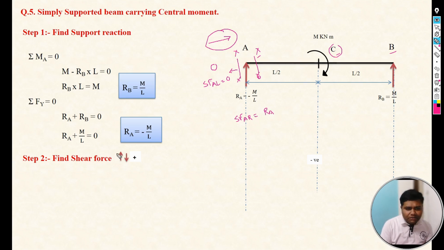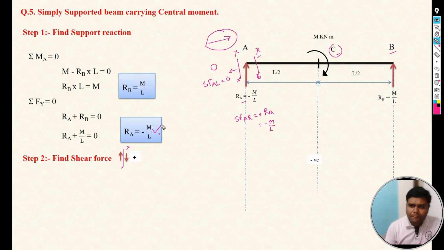As per our sign convention, if any force is on the left of that particular section and the direction of that force is upward, we have to consider it as positive. Ra we have already calculated, where Ra is M by L with a minus sign. So shear force at A right is minus M by L. Why minus M by L? Because Ra is negative.